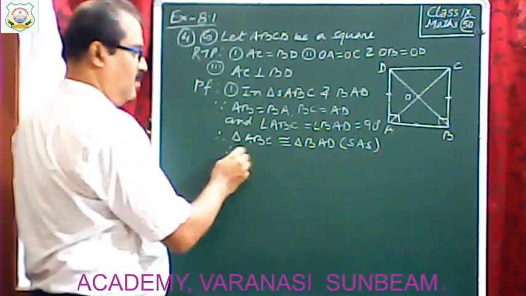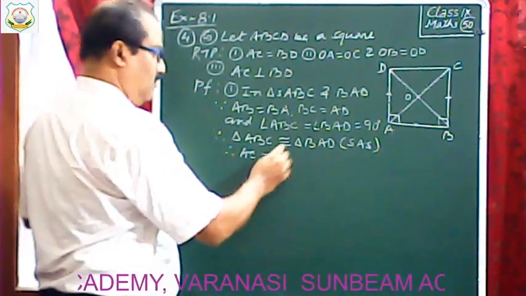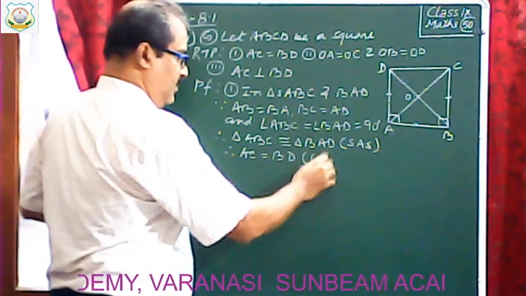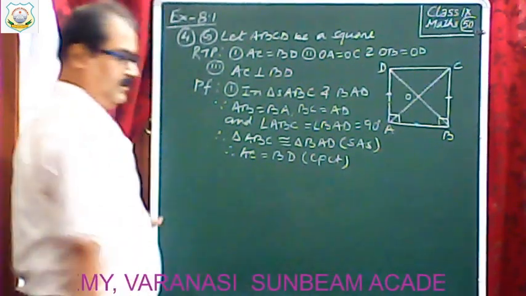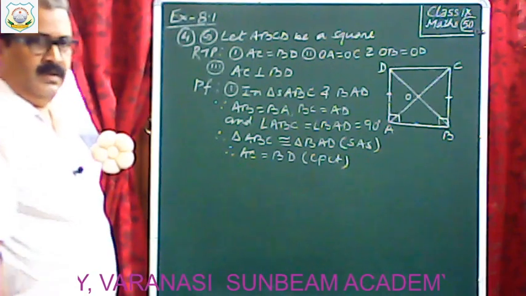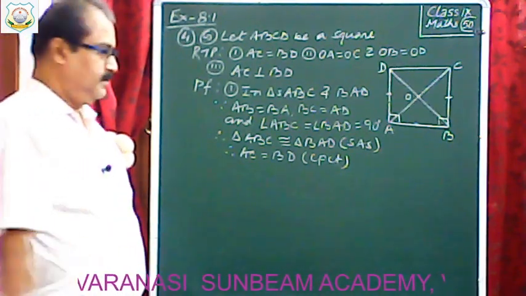Therefore, AC equal to BD by CPCT. The diagonals are equal, proved.